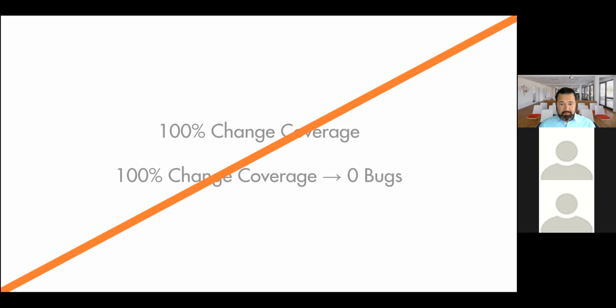And on my last slide about the general idea, I want to stress 2 points. The first one is the bottom one here, which I mentioned before. Even if everything is green on these change tree maps, we can't guarantee that there's no bugs left. There might be bugs in code that was executed, but not in the right way to reveal that bug. And the second one is we don't aim for 100% change coverage as a goal in itself, because there might be areas in the code where the cost of testing is higher than the cost of bugs that remain in there.